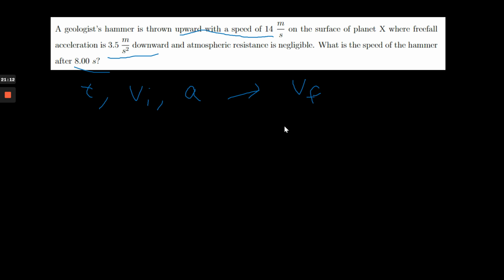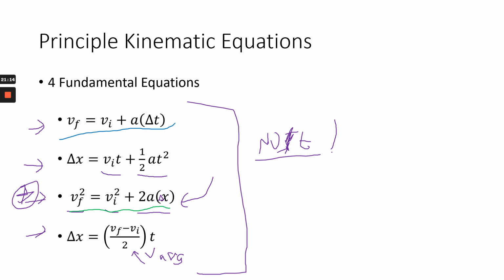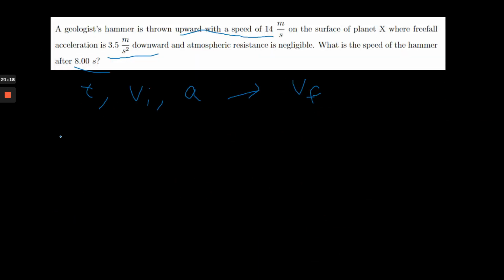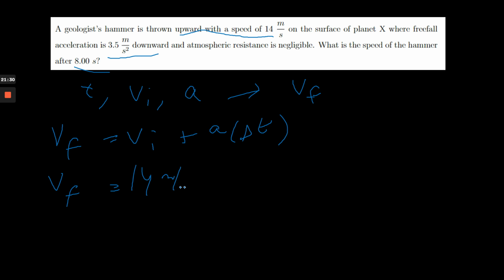So given these variables, we can see that this equation is the one that contains all of them, so that's what we'll be using. So we have Vf equals Vi plus a times change in t, which means that the final velocity at 8 seconds would be the initial velocity, which is 14. They give you initial speed, but we can just assume it's moving to the right and use i hat as a sign convention.